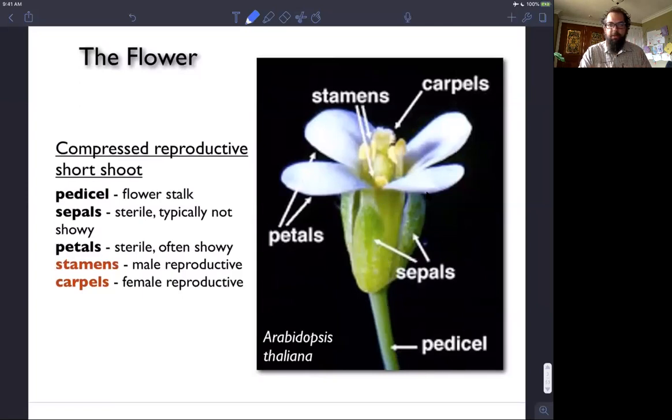The petals, which are often showy to attract pollinators. And then the main reproductive parts, the fertile parts of the flower, are the stamens, which are the male reproductive parts, and the carpels, which are the female reproductive parts. So those stamens and carpels are really our synapomorphies when we talk about the flower itself.